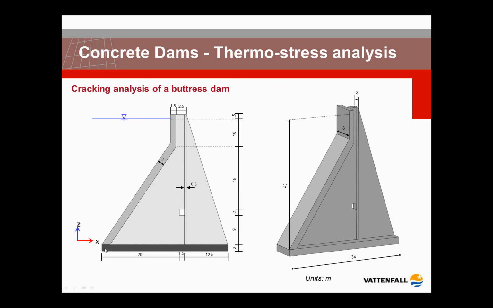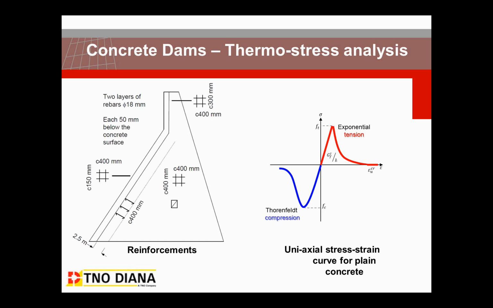depicted in more detail. You see the dimensions, the water side on this face. And of course this is a concrete structure with reinforcement details that are displayed here. But this is a model in which we have looked at the cracking behavior, the failure of the concrete. We have done that by defining a total strain crack model for the concrete.